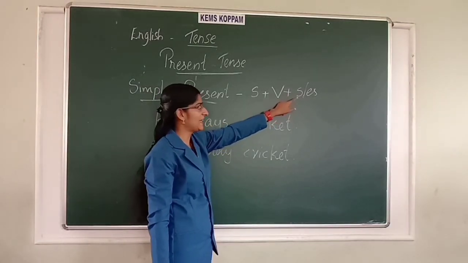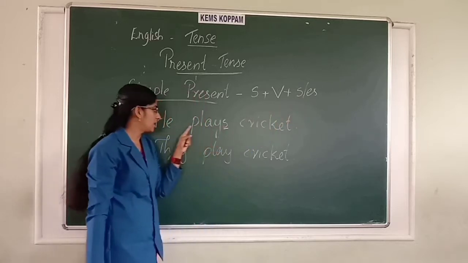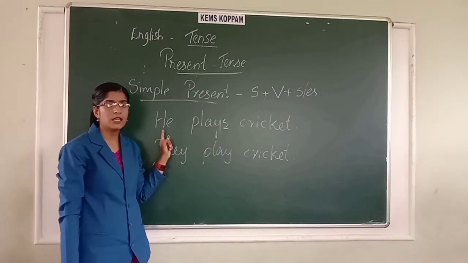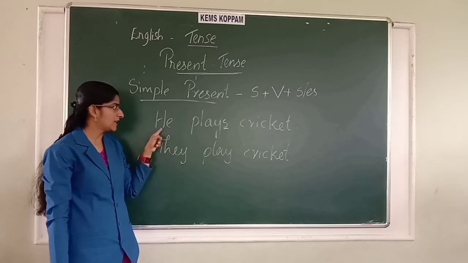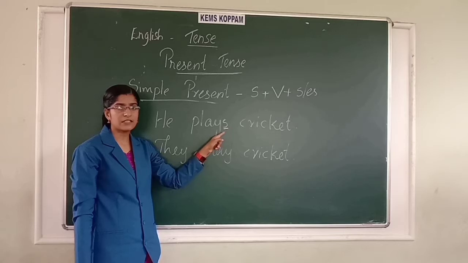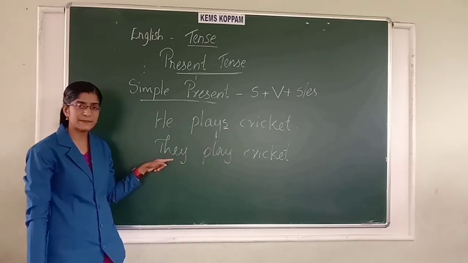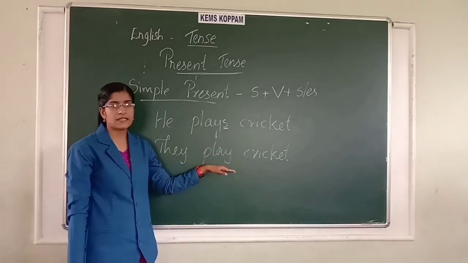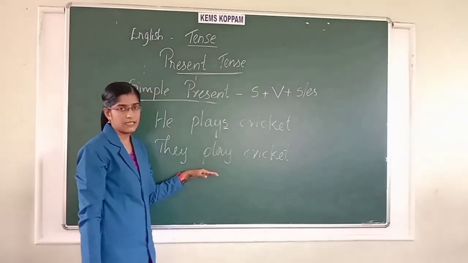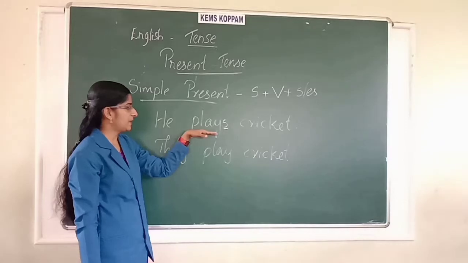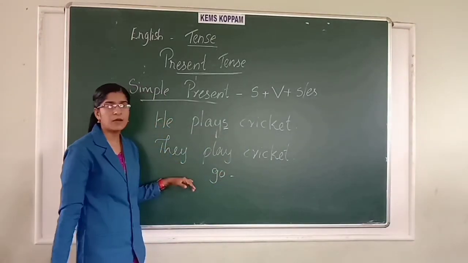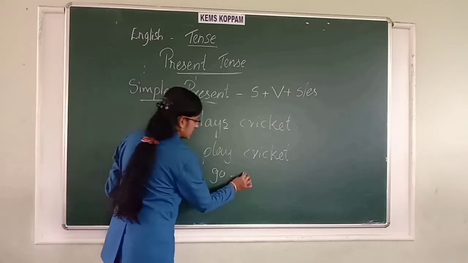We add S or ES according to the subject, whether it is singular or plural. With a singular subject, we use S or ES with the verb. If the subject is plural, just write the base form of the verb. Do not add S or ES. With play, we add S. If it is go, we add ES.